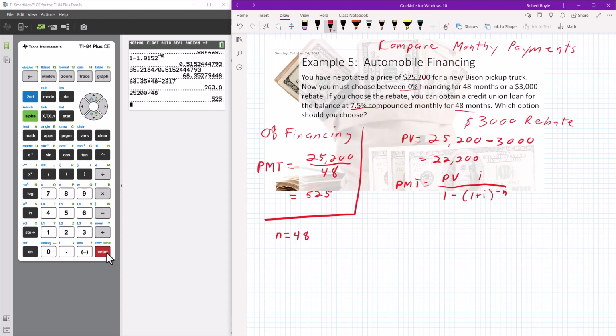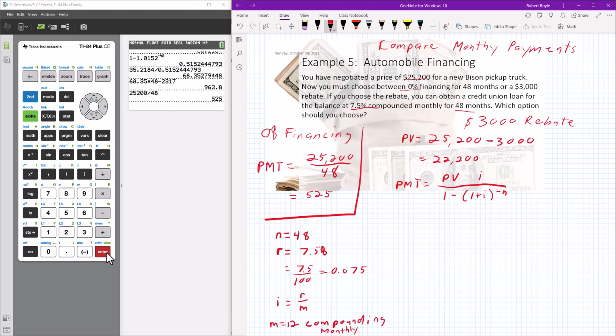To figure out I, we first need to figure out what R is, and R is going to be 7.5%, which is equal to 7.5 divided by 100, which will give us 0.075. Okay, and then I is going to be R divided by M. M is going to be 12, since we are compounding monthly.